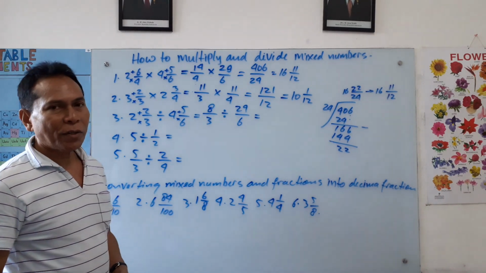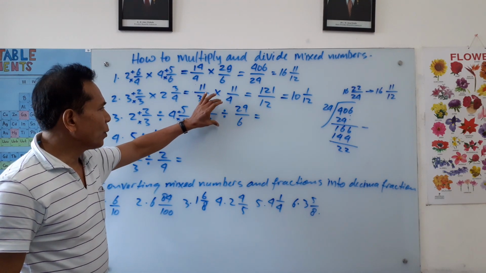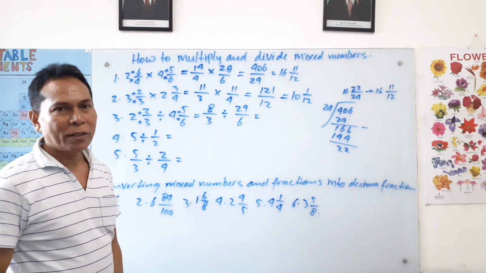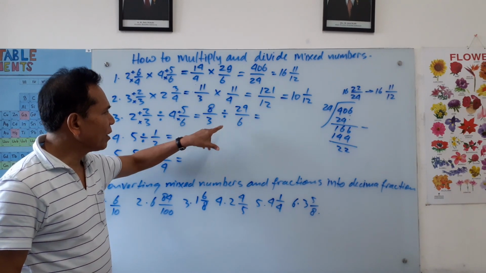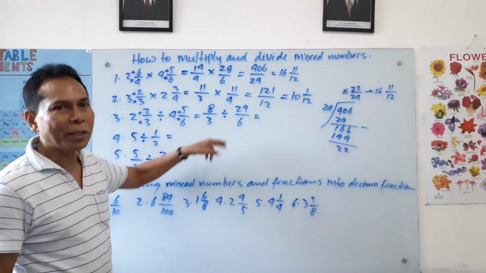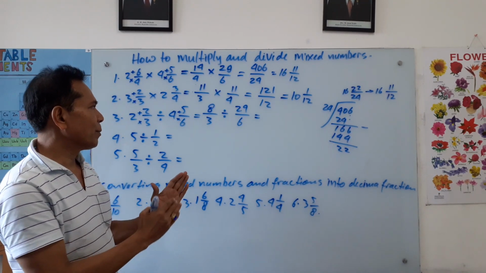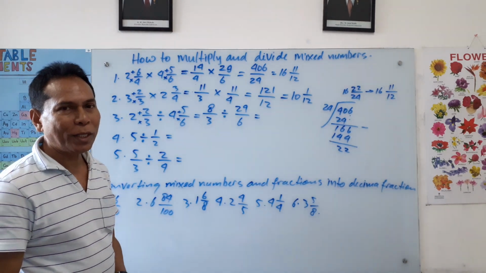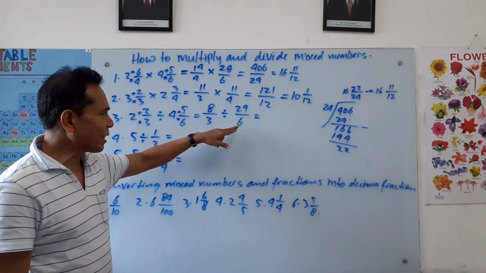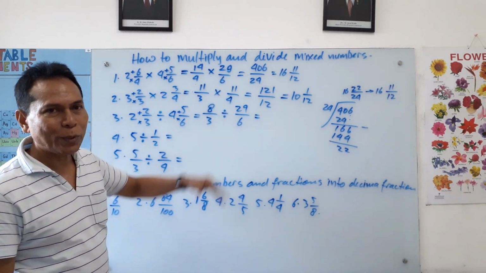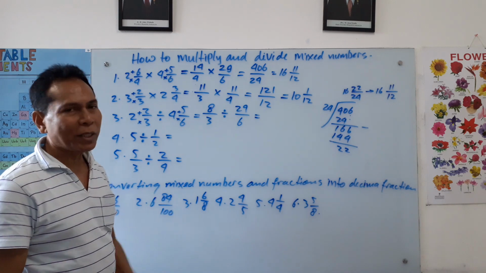Now, what's next? The next step, you need to flip, okay? There is a term called flip. So we change this division sign into multiplication sign, and the numbers, after that, we also need to change their positions. So denominator 6 goes up to become numerator, and numerator 29 becomes denominator.